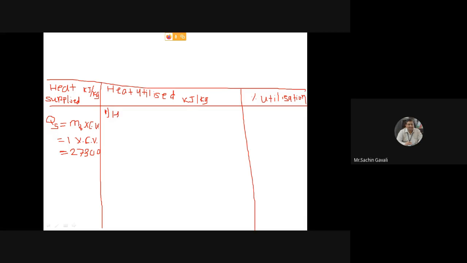Okay, write down: heat utilized to convert water into steam.